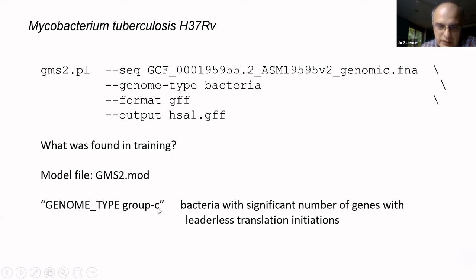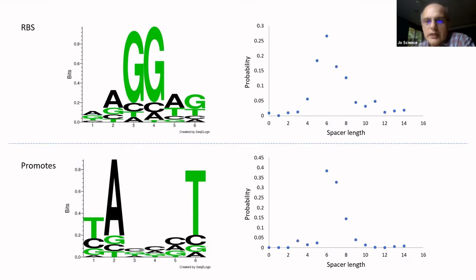It tells us that this genome belongs to group C. Group C, if we again look into the GeneMark S2 paper, are bacteria with a significant number of genes which use the leaderless translation initiation mechanism for protein translation. And we again can go inside the model file and, using the model file, build two graphs.